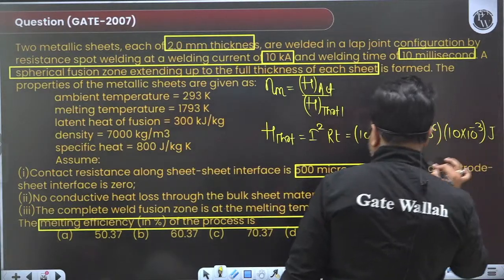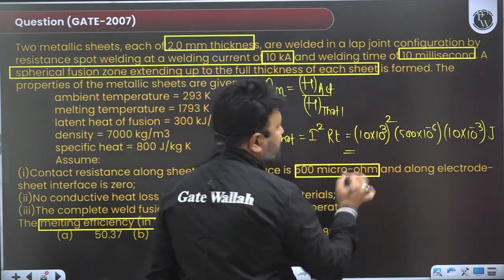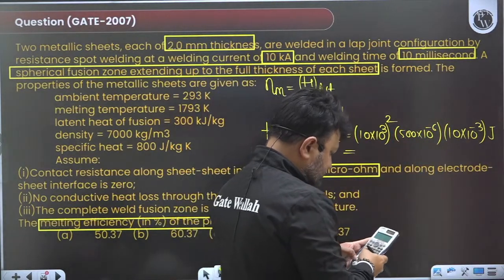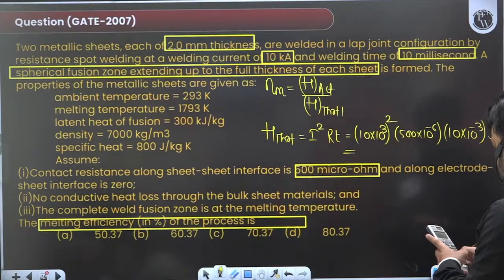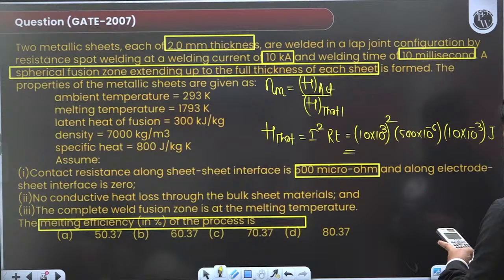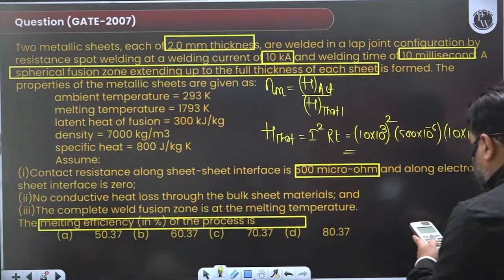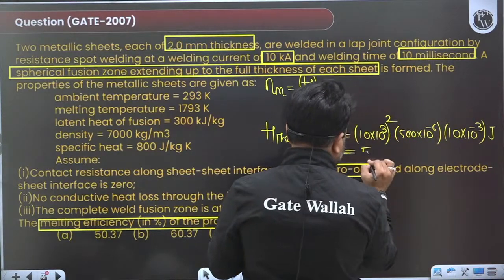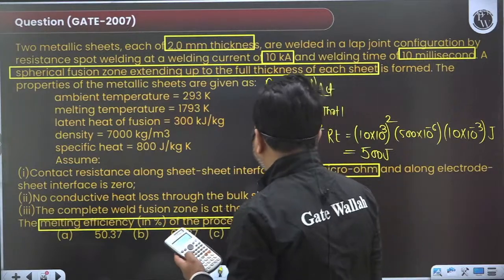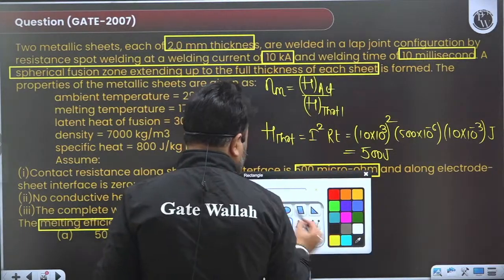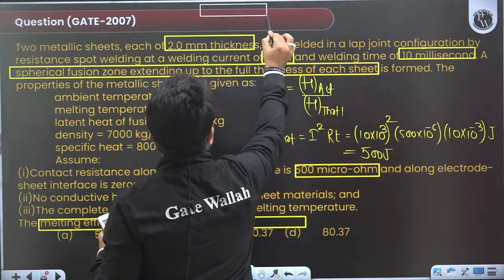So 10 into 10 to the power 3 square, into 500 into 10 to the power minus 6, into 10 into 10 to the power minus 3, gives 500 joule.